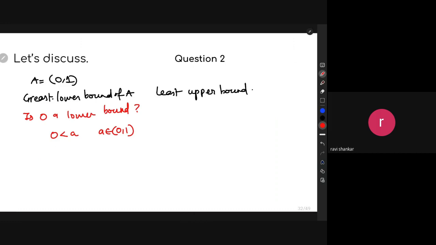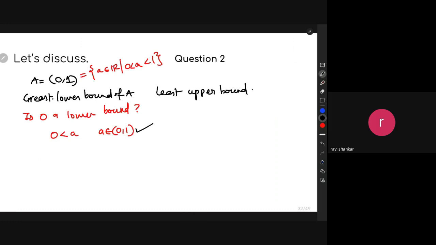Because what is the definition of this interval? This interval consists of all elements in X which are between 0 and 1. So every element of A is larger than 0 and smaller than 1. So this is true, and 0 is a lower bound of this set.